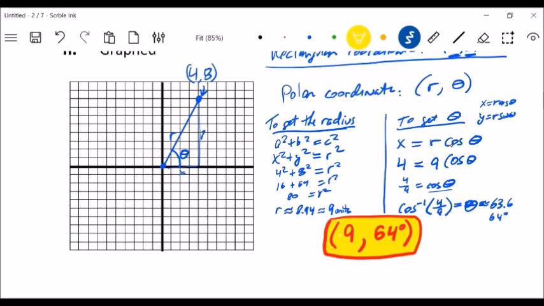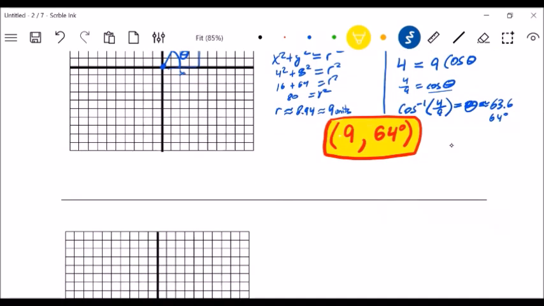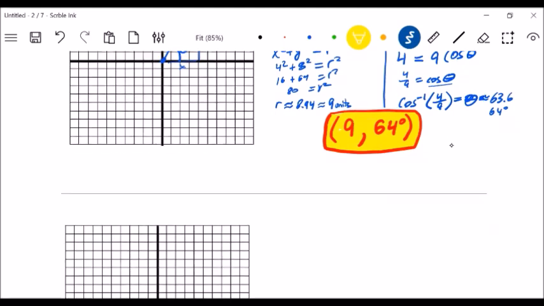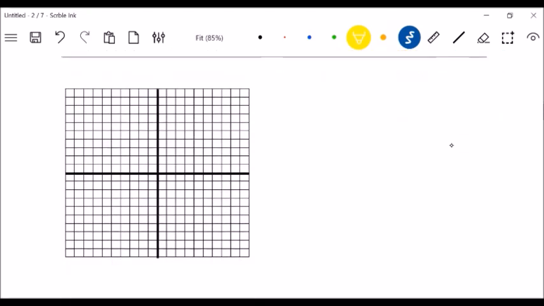Let's do another one now where there are some negatives, and this next one has a twist to it. Okay, and I will show you the twist, and then we can compare them. So let's say that the rectangular coordinate is -9 and -5.